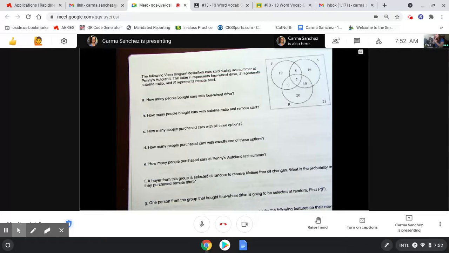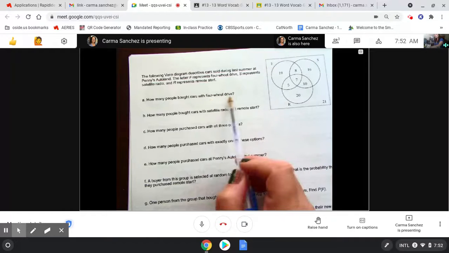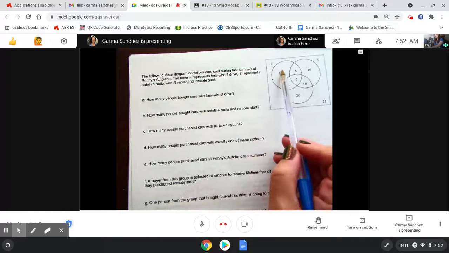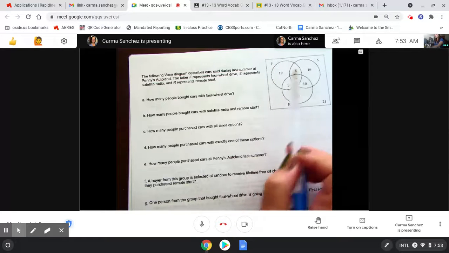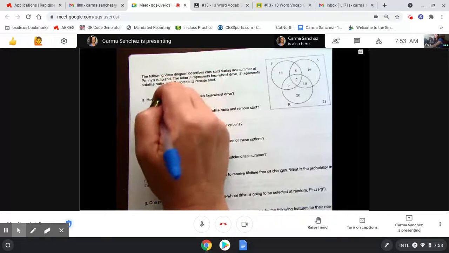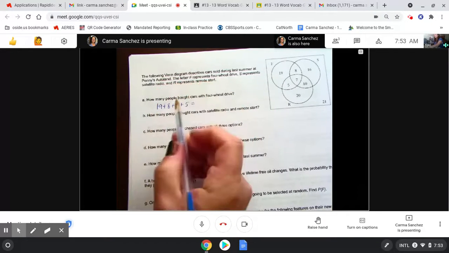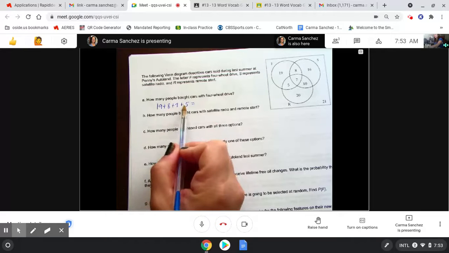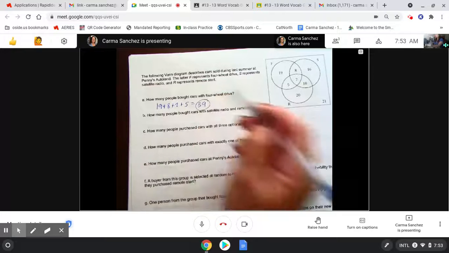So that F, that first letter, represents four-wheel drive. And so it's not just this 19 right here, it's the entire four-wheel drive circle. So it's this 19 plus the 8 plus the 7 plus the 5. So here we have 15 plus 5 is 20, 20. So 39 people bought cars with four-wheel drive.